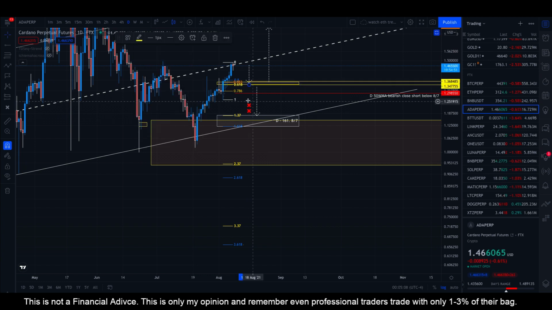All right, the first 1.618 extension level is very close or almost at the border as well of the channel, and also on the master GP.